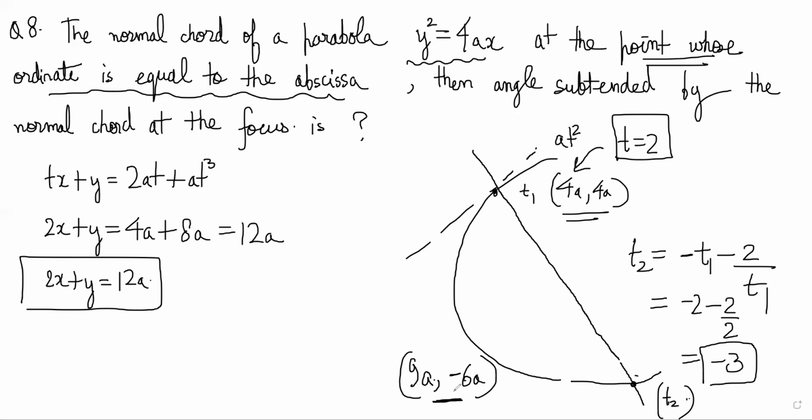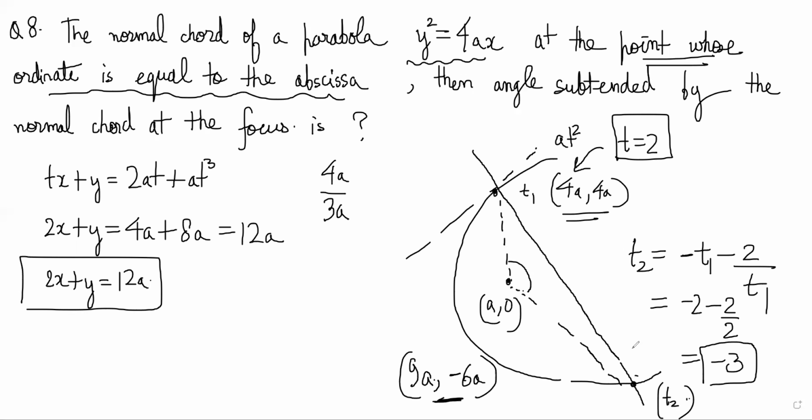Now what we have to find is what is the angle subtended by this normal chord at the focus, right? So join it like this, and we need to find this angle. So the slope m1 is 4a minus 0 by 3a, so 4 by 3.